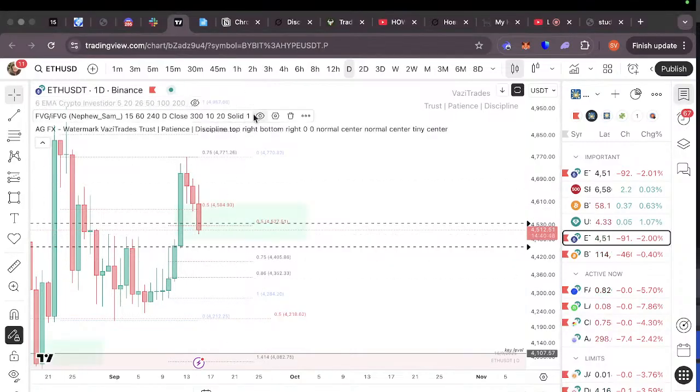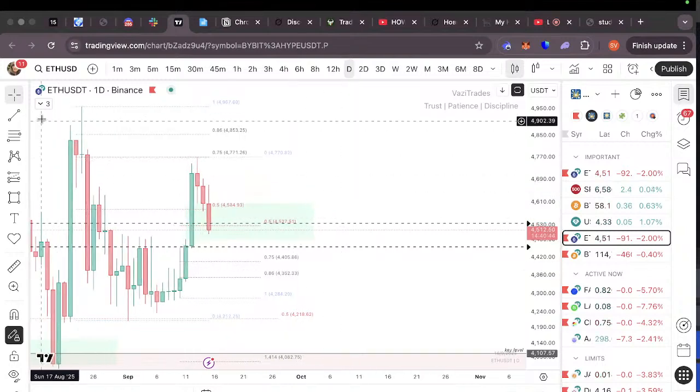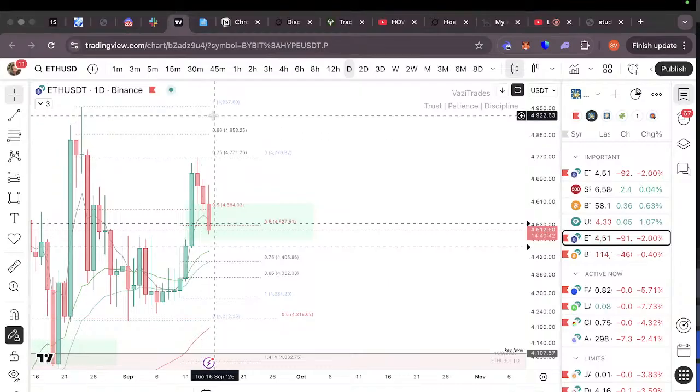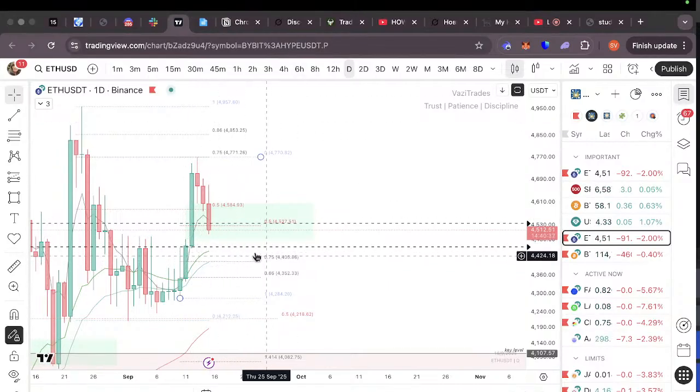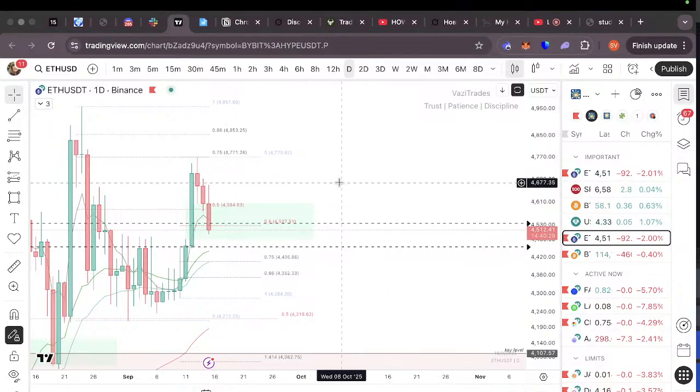But we will go also to lower time frame to see what it has there. So on daily so far, this area around 0.75 also has this 2026 EMAs as support.